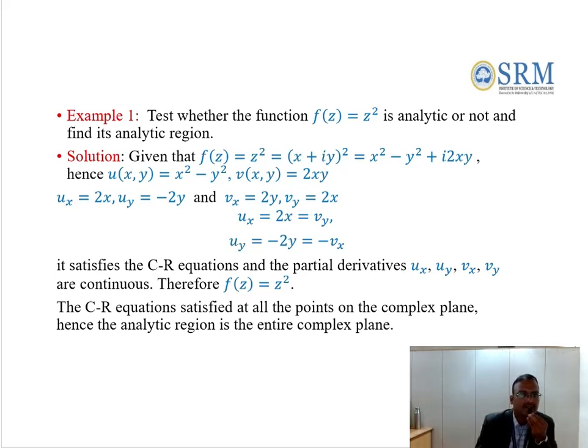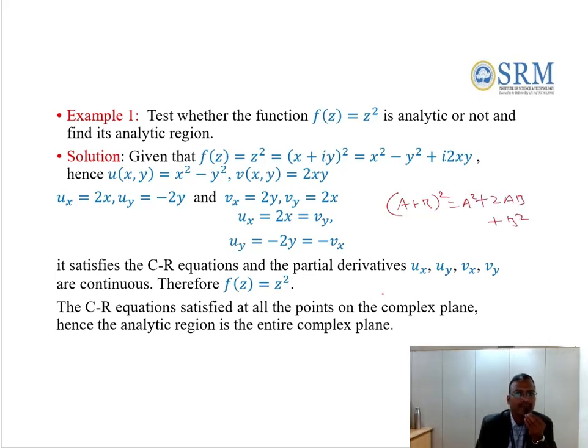Analytic region means the region in which the function is analytic. What is f of z? f of z equal to z square, but z is x plus iy. Therefore (x plus iy) whole square, using the formula (a plus b) whole square equal to a square plus 2ab plus b square.